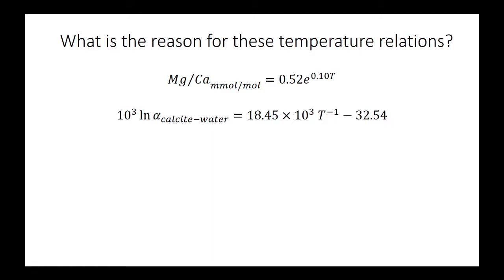Similarly for magnesium calcium, the underlying physics is that there's some battle between enthalpy and entropy. Okay, so it costs some energy to fit magnesium into the calcite lattice structure. So this is a model of the calcite lattice structure which I found at the back of the lab.